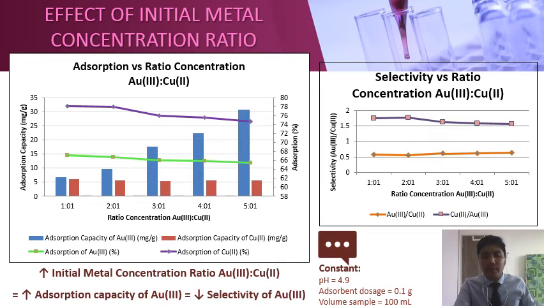This is because the experiment was conducted at a higher pH of 4.9. The higher pH of the aqueous solution contributes to low protonation of the amine group, which results in low electrostatic repulsion. Therefore, Cu2+ has a greater affinity toward the PKFAD chitosan beads at higher pH compared to Au3+.